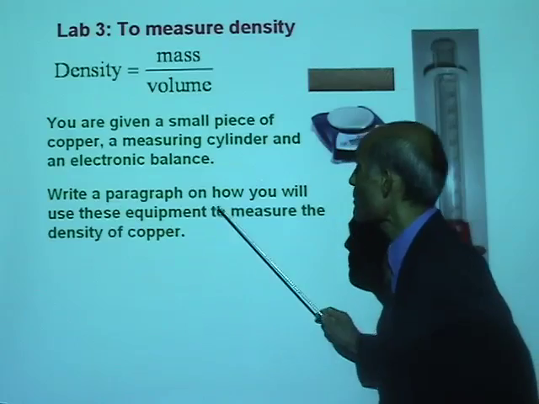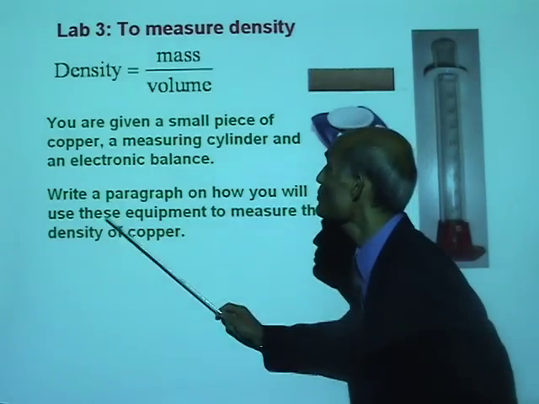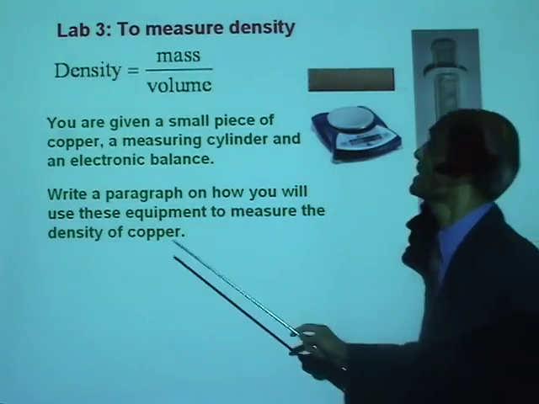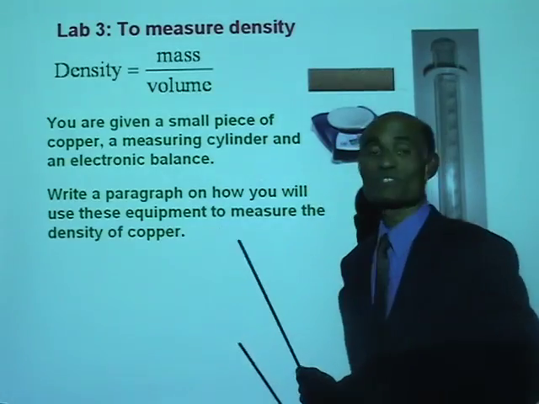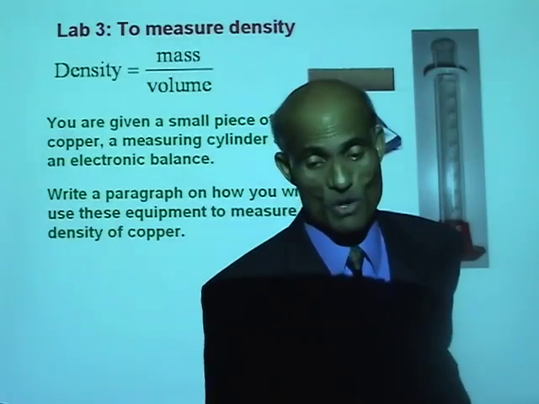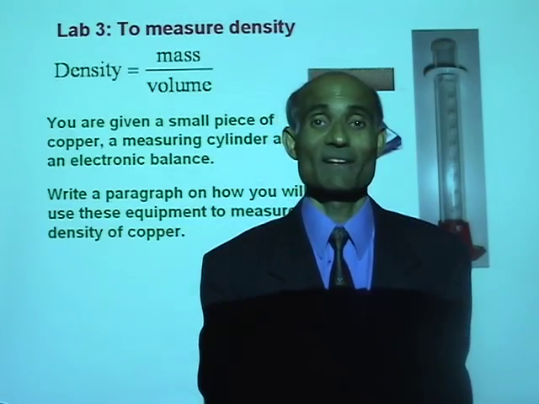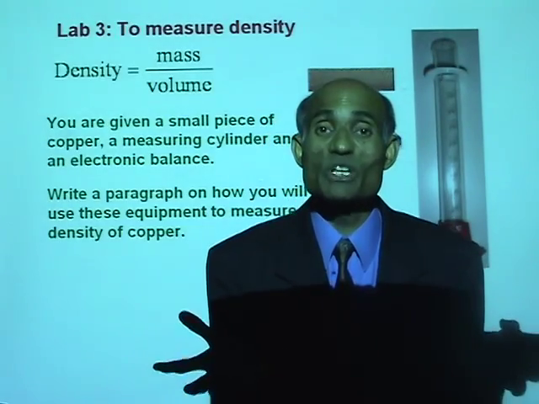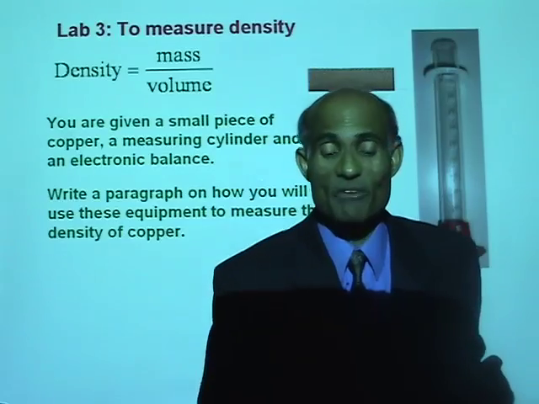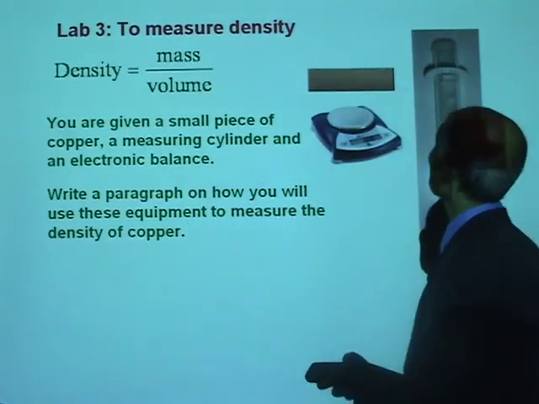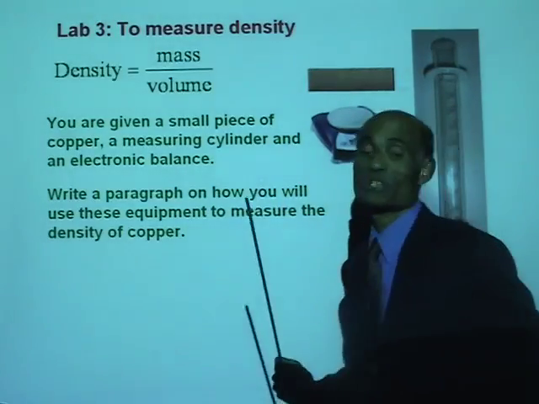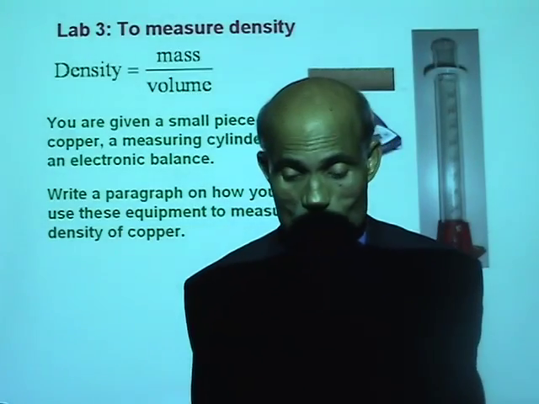Now write a paragraph on how you will use these equipment to measure the density of copper. I'm going to do that for you, and then you watch me do this and then write a paragraph on how you will use these equipment to measure the density of that piece of copper.